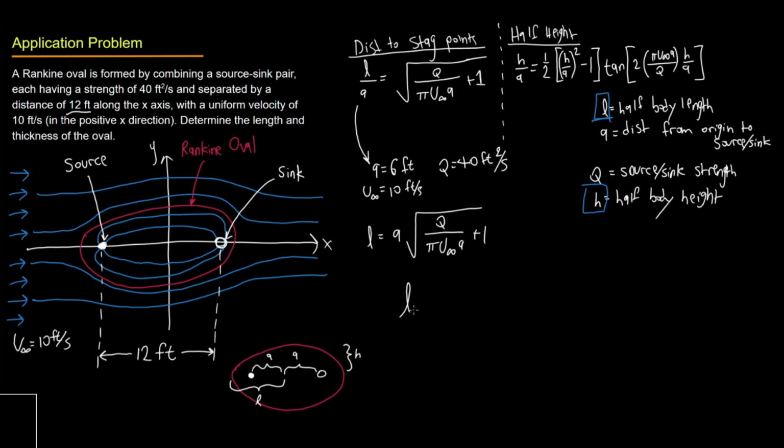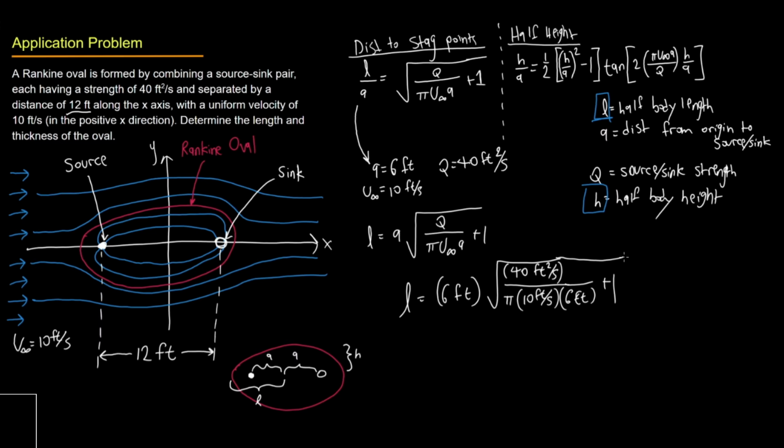We will put all our numbers in where we have L is equal to 6 feet times the square root of 40 feet squared per second over pi times 10 feet per second times A again, which is 6 feet, plus 1.